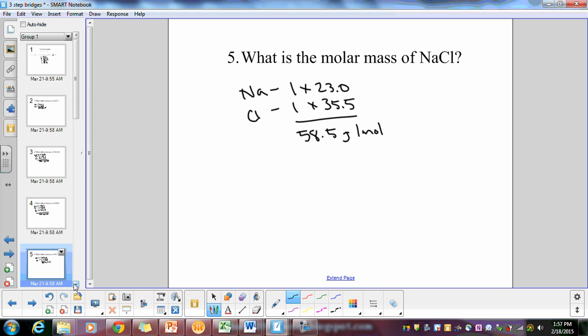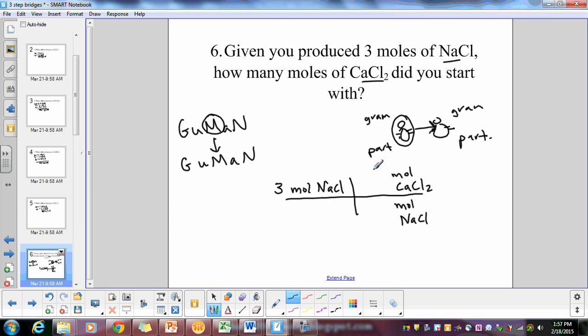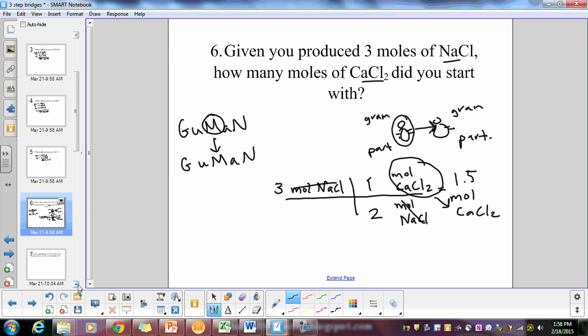So 1 was my coefficient for CaCl2, and 2 was my coefficient for NaCl. 3 times 1 divided by 2 gives me 1.5 moles of CaCl2. Look at my unit right here is the same as the unit in my answer. So that one should be pretty simple. You're just going from moles of one substance to moles of another.